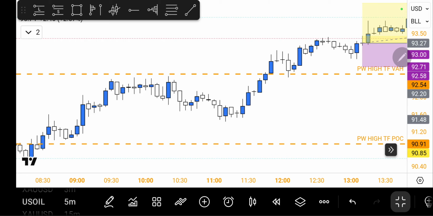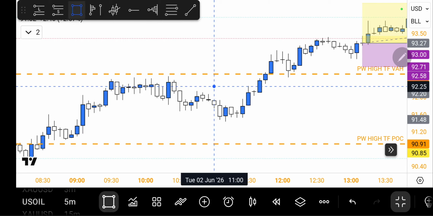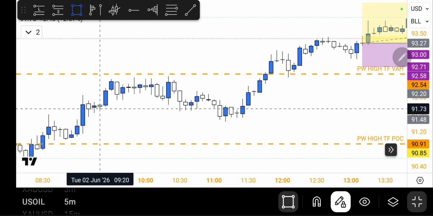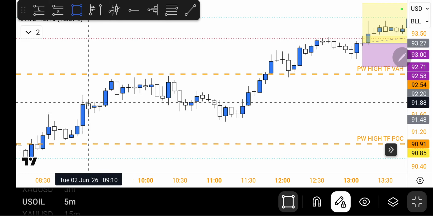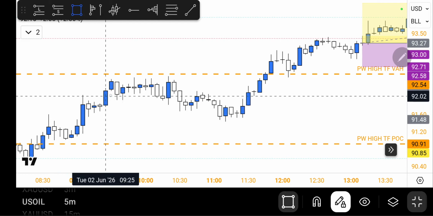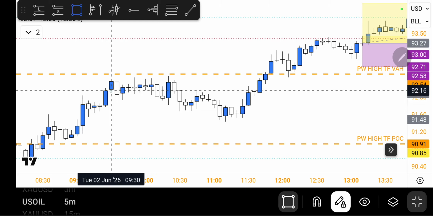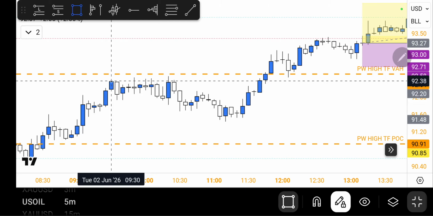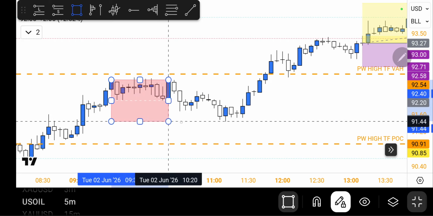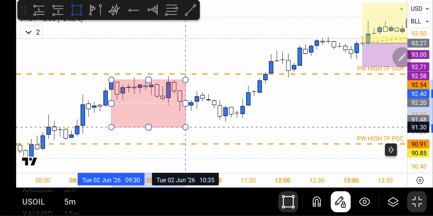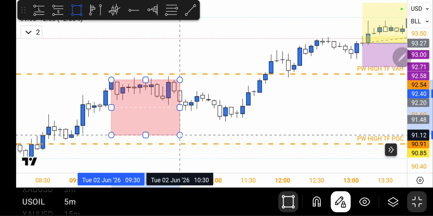So normally what is the initial balance? The initial balance is the first hour of the New York open trading session. Usually this will start by 9:30 up to 10:30, right?